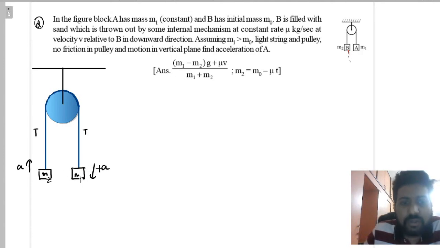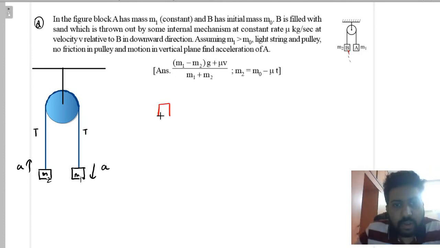Because m1 is more, so we are assuming that the acceleration is a downwards and this is a upwards, and the tension in the string is T. If you draw the FBD of M1, there will be a force M1G and tension T, and you will write this equation as M1G minus T is equal to M1A.